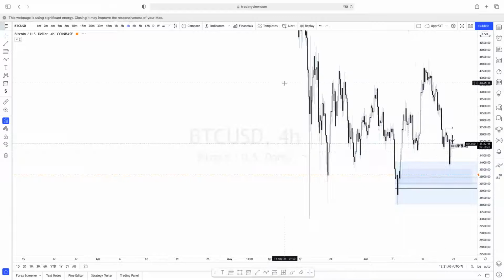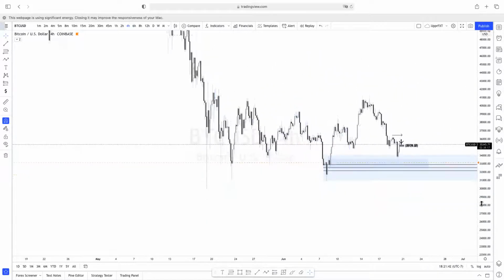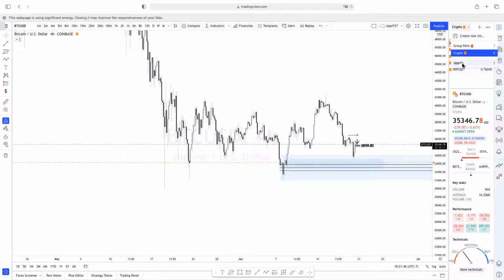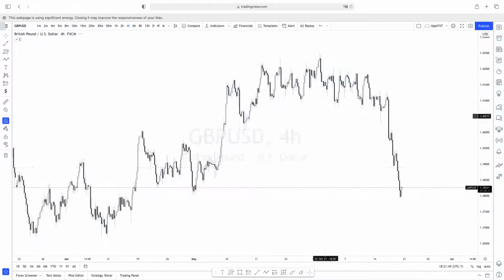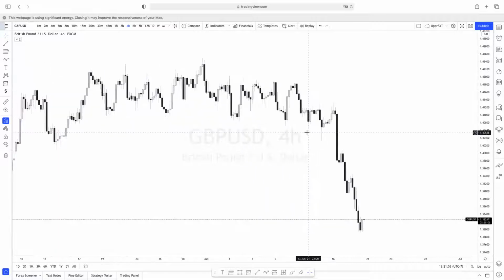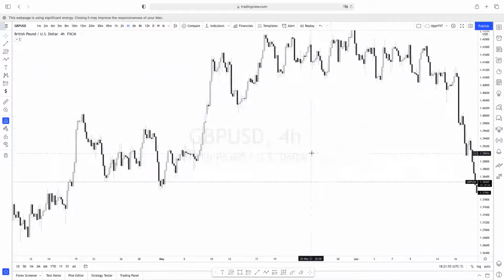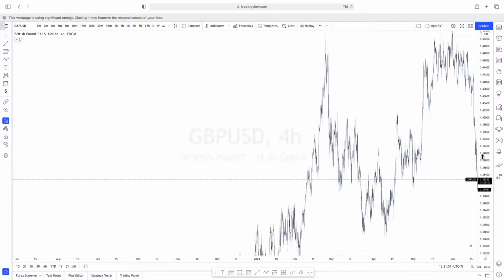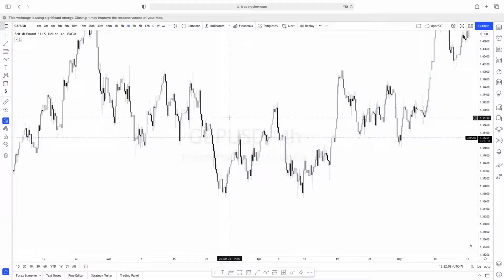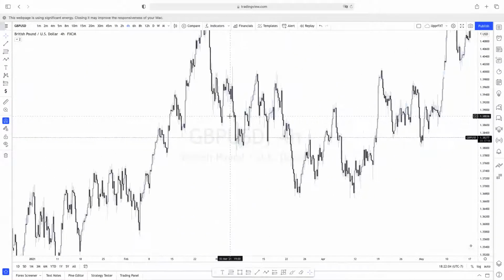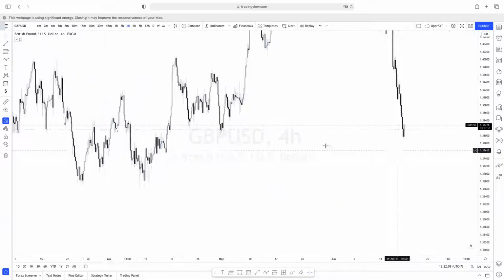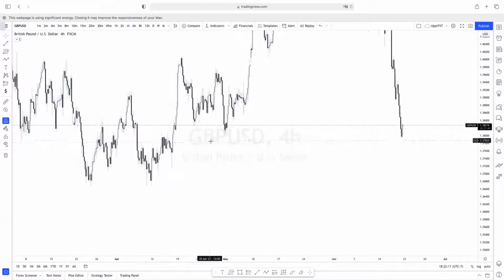And let's go ahead and see if we can find another scenario of some imbalances. They're all over the place. Let's go into another market. Look at GU. All right. There's an imbalance right here. This one has already been mitigated in the past. And ones that have been filled. Has this one been filled? No, not really.